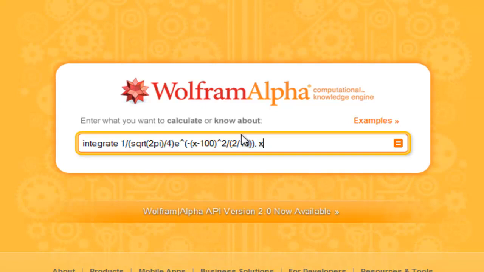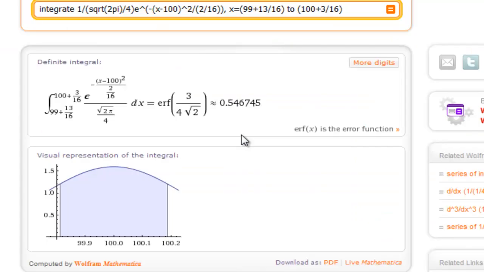And we're integrating that from x equals 99 plus 13 over 16 to 100 plus 3 over 16. I haven't tried that before, so I don't know if Wolfram Alpha will like that. Yeah, it was just fine with it.